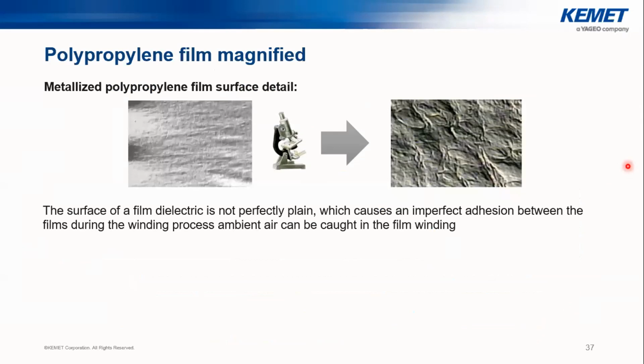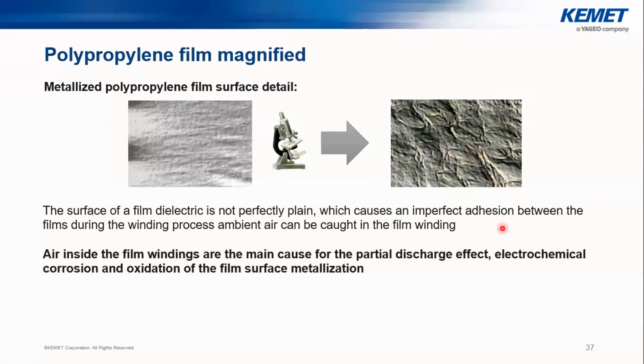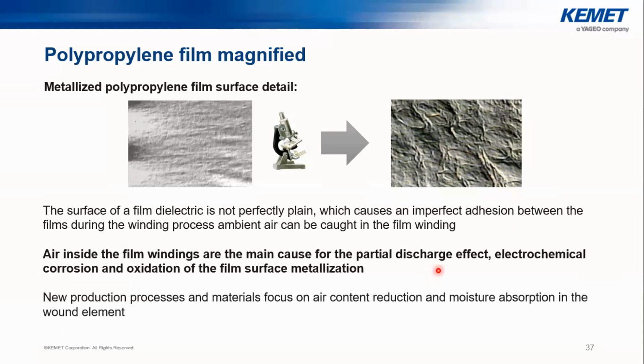When we look at the polypropylene film magnified under a microscope, we can see that it is not perfectly plain. So when we are doing the winding process, the ambient air can get caught in the film winding. Air inside the film windings is the main cause for the partial discharge effect, electrochemical corrosion, and oxidation of the film surface metallization.